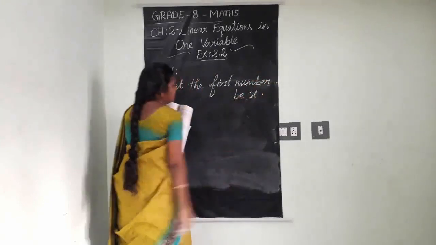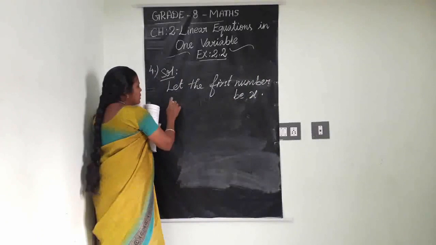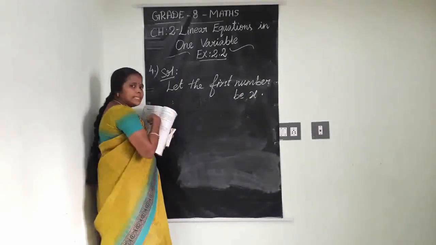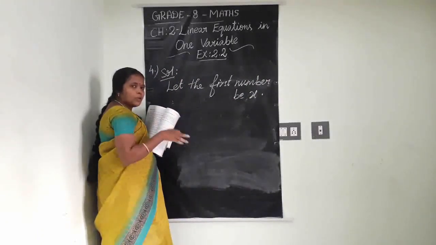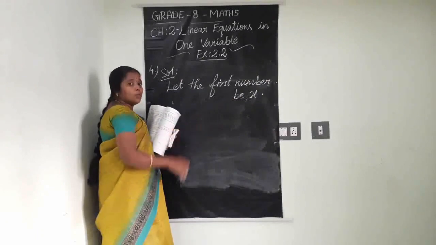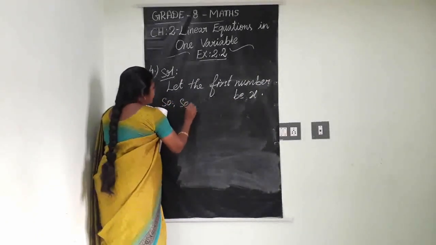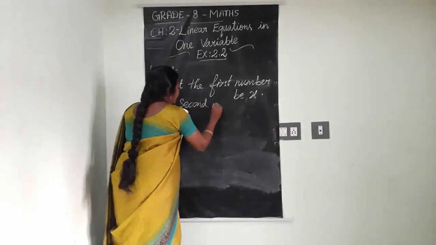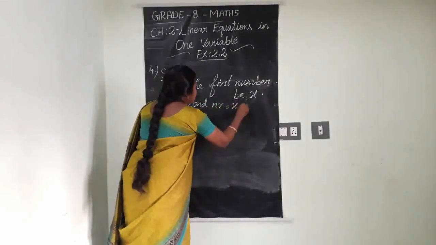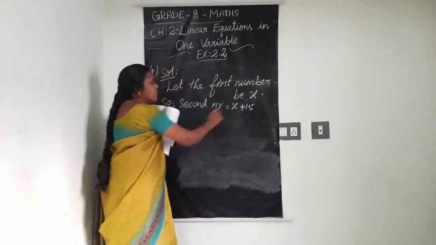Let the first number be x. So if the first number is x, according to the condition, how will the second number be? 15 more. So the second number is x plus 15. In which way have I written it?